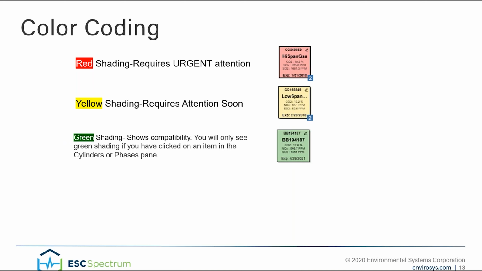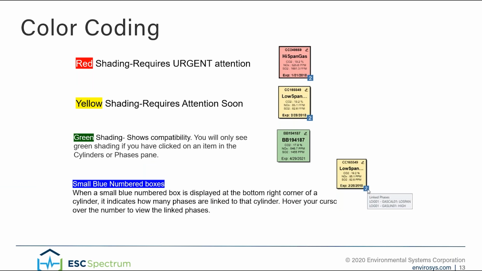Green shading shows compatibility. You're only going to see green shading if you click on an item in the cylinder or the phases pane. StackVision has to know what it is that you're trying to link and what you're trying to associate. So once you click on either the cylinder or the phase, those compatible areas will turn green, and that's where you can link those bottles to.